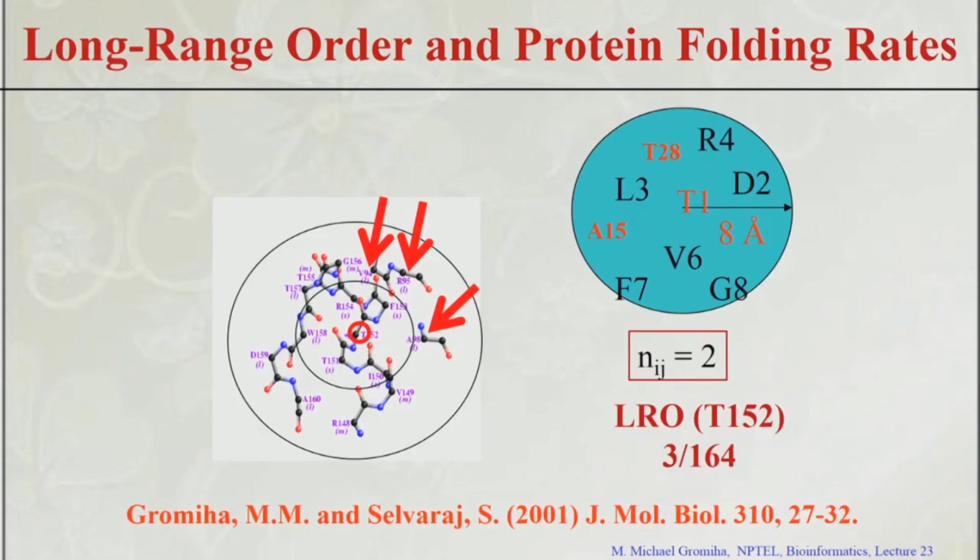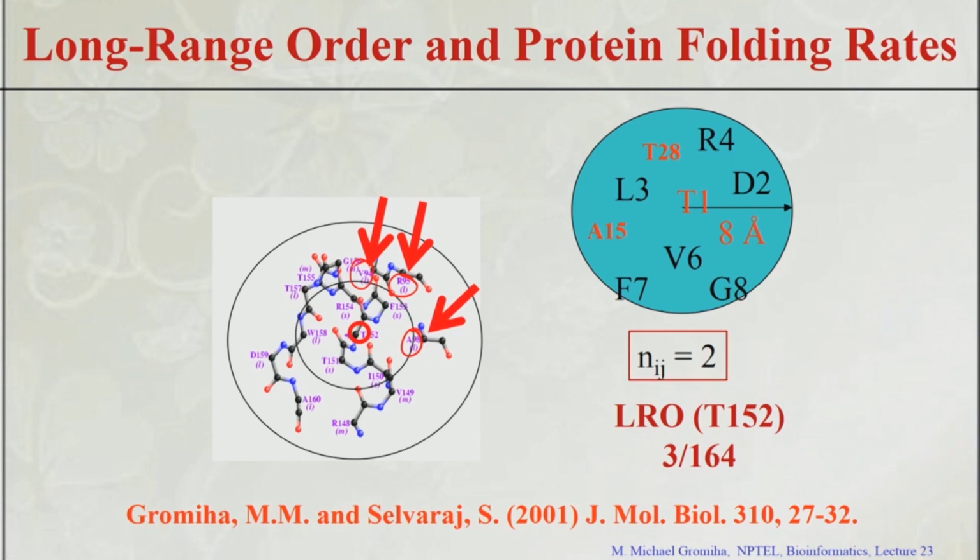How do we calculate the long range order? Here we take a sphere of 8 angstrom, look at the residues occurring within this limit, and see which residues are separated by at least 12 residues in sequence. If you take the 352 that I discussed last class, how many long range contacts can it make? 1, 2, 3, so in this case 3 by 164, and you get the number for this long range order.